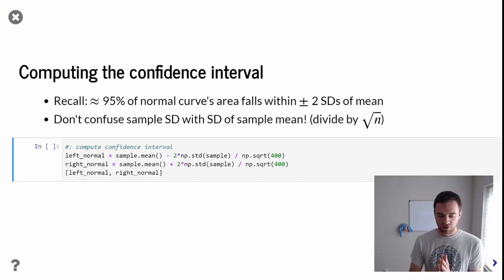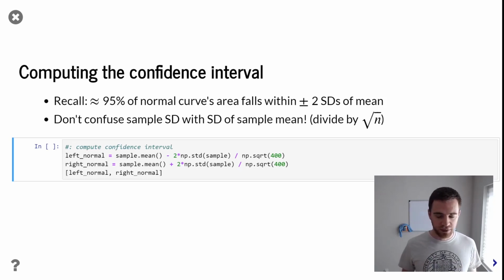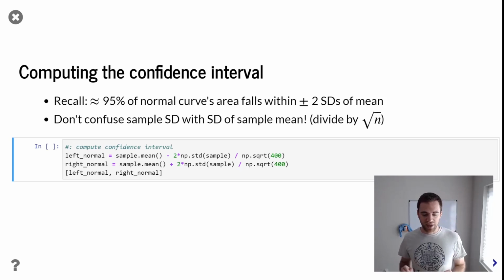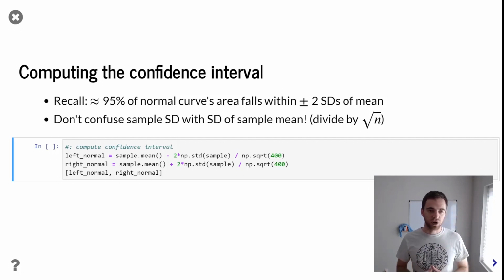Remember that for a normal curve, roughly 95% of the area falls within 2 standard deviations of the mean. This is kind of like if I go back and I use SciPy stats norm CDF of 2 minus CDF of -2, I'm going to get roughly 95% of the area under the normal curve.